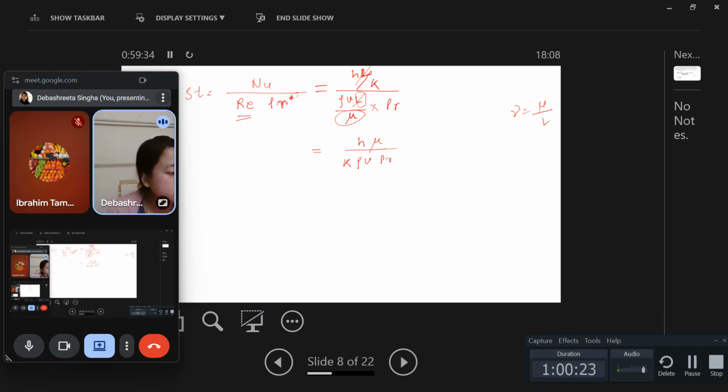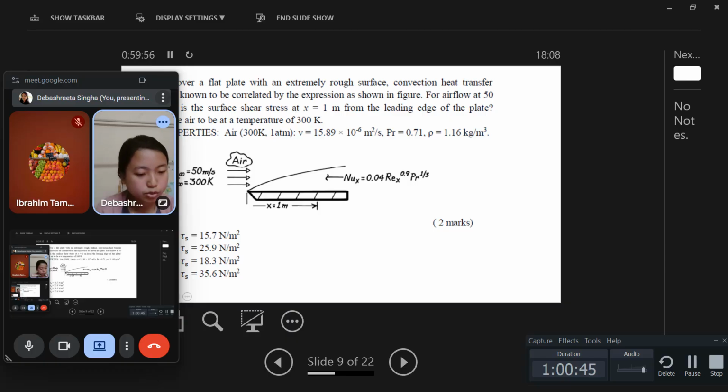Prandtl number is also given as mu by alpha, right? Then what is alpha? You have to break this Prandtl number also.